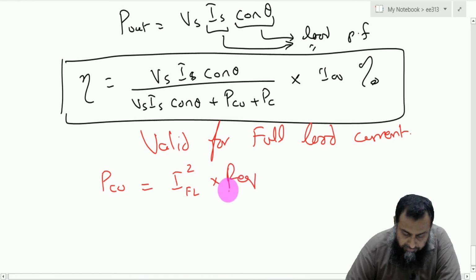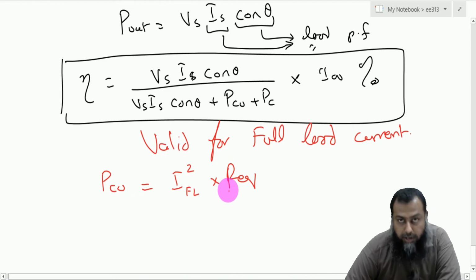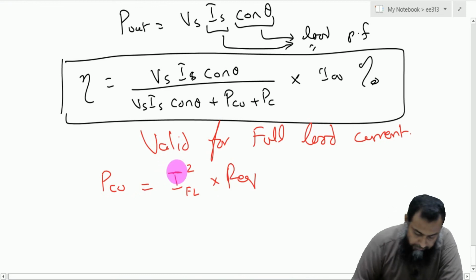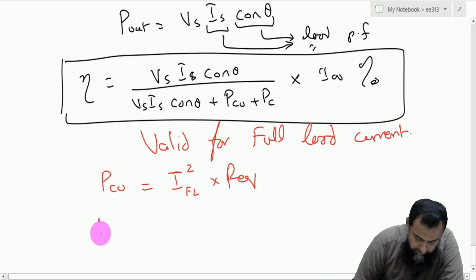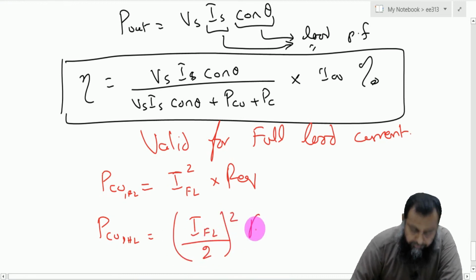So suppose that I have a load which is half of the full load current, right? Then the P copper losses at half load is equal to I full load divided by 2, squared, into R equivalent.